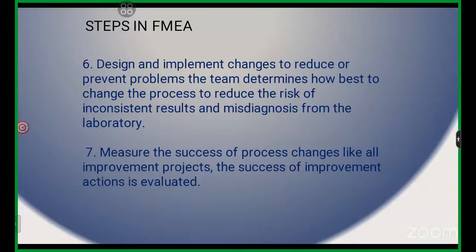Like all improvement projects, the success of the improvement action is evaluated. So these are basically the 7 steps in the failure mode and effects analysis process that we should put in place when we are beginning a new process or introducing a new methodology, new policies, SOPs, and so many other things that pertain to the lab.